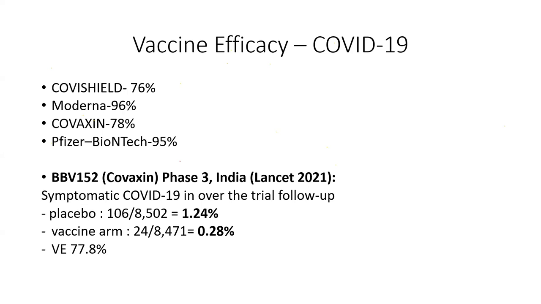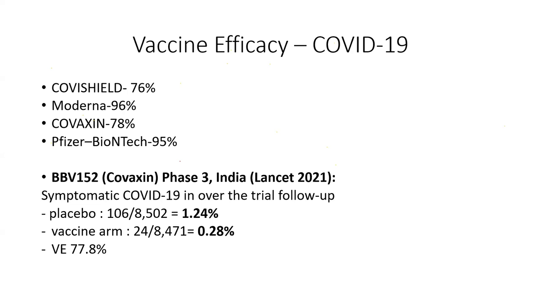So out of 100, 1.24 individuals were getting symptomatic COVID. And in the vaccine arm, the incidence of symptomatic COVID-19 for the follow-up period was 0.28%. So the 77% reduction in the vaccine arm is with respect to the placebo. That is something which you need to understand. Are you getting me? This is a very important concept I want you to understand.